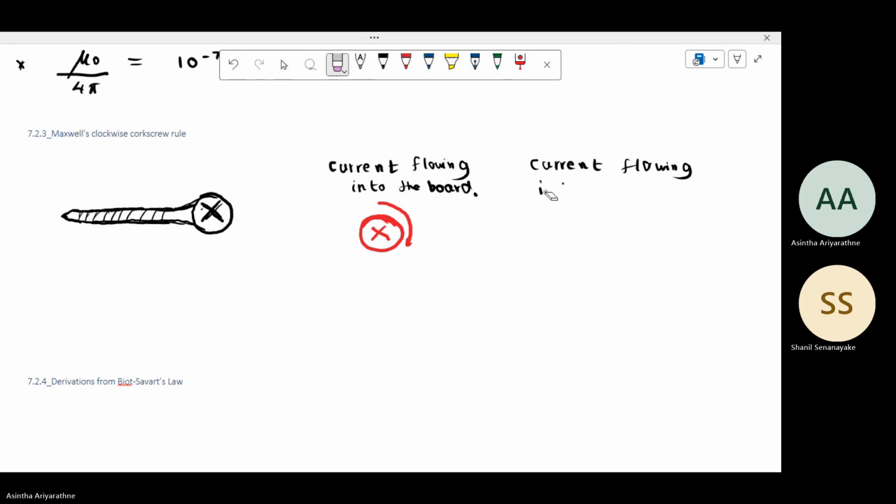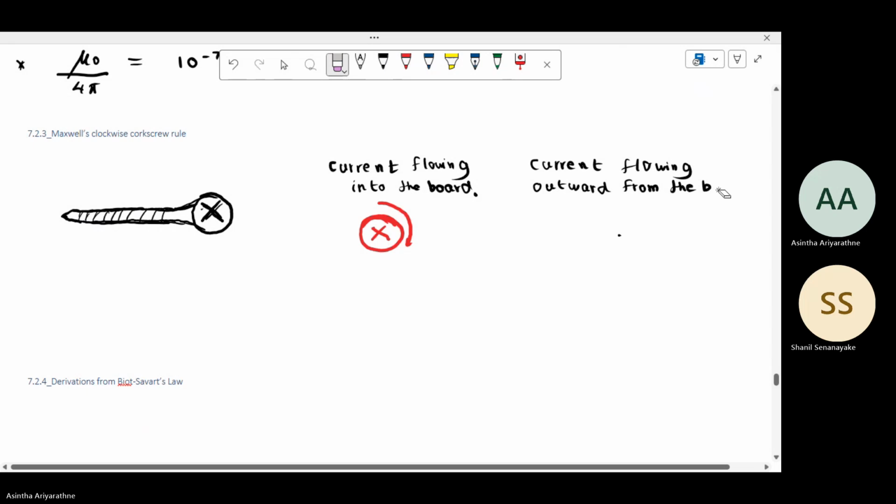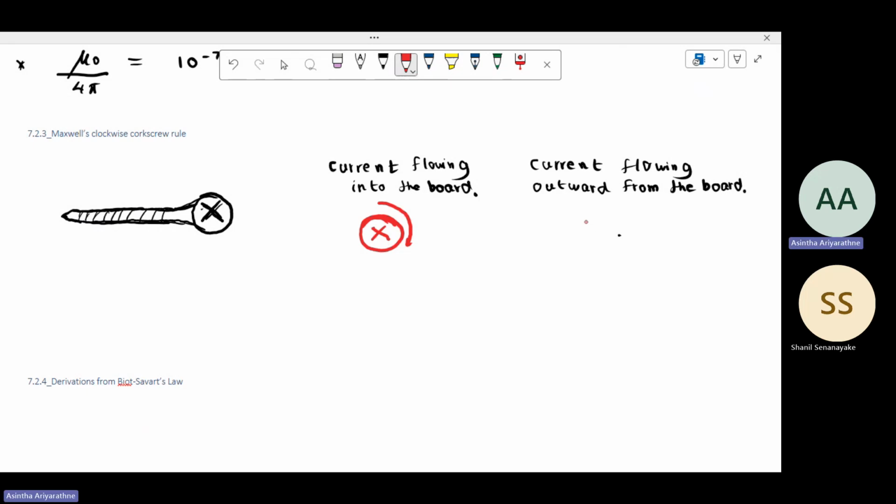Likewise, if the current is flowing outward from the board, you have to rotate the screw in an anti-clockwise manner. So here the magnetic field is clockwise in direction.